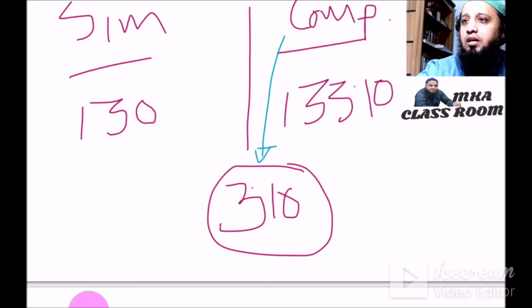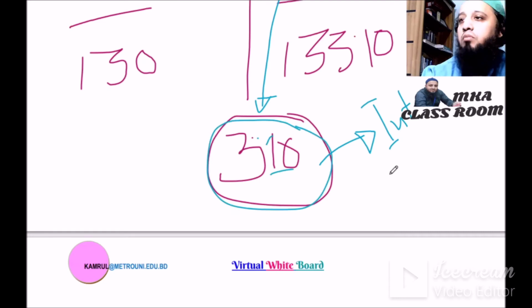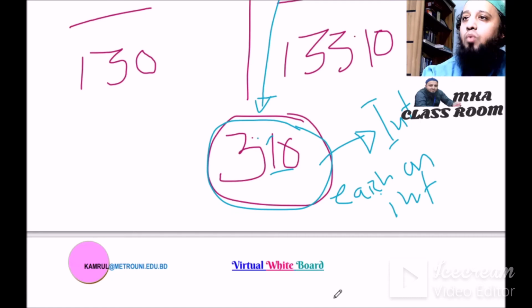This 3.10 taka actually comes from interest, because the first year's interest is invested again for the second year, and the first and second year interest are again invested for the third year, and there we get 3.10 taka more by interest earned on interest.